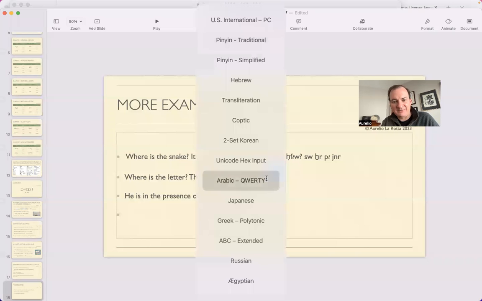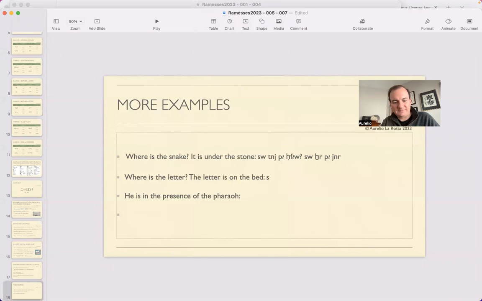It has a T. By this point in time, that T can fall off. So how would you say, where's the letter? No takers?